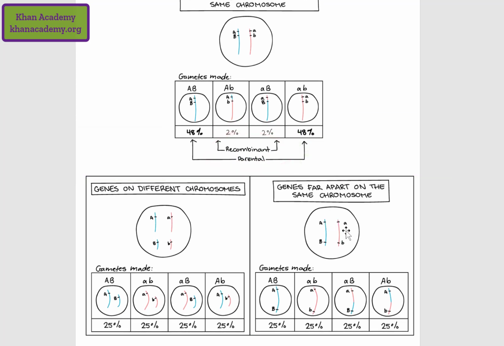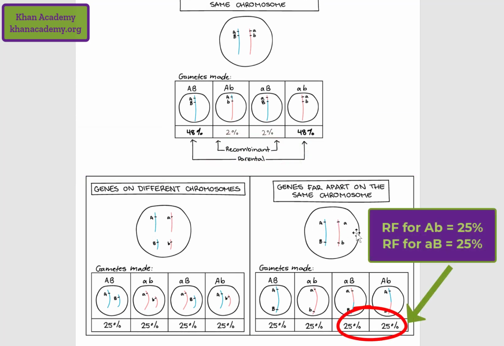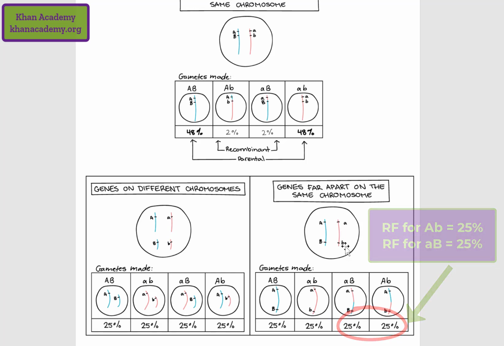However, if we look at genes that are far apart on a chromosome, if we took the gametes and looked at them, we would have a pretty equal probability of finding any combination, either little a with little b or little a with big B. There's a much higher chance of seeing crossing over, and it's purely because they're so far apart. There's just a lot of places that crossing over can occur. So it makes it more probable and more frequent.